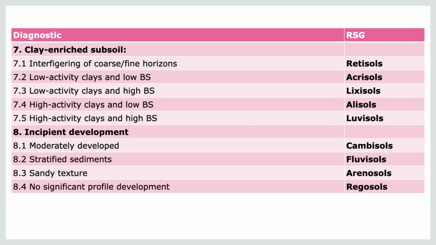So we call these soils Regosols. The Regosol should be your last option in soil classification, considering that that specific soil profile cannot fit the criteria and the properties of any of the other RSGs.